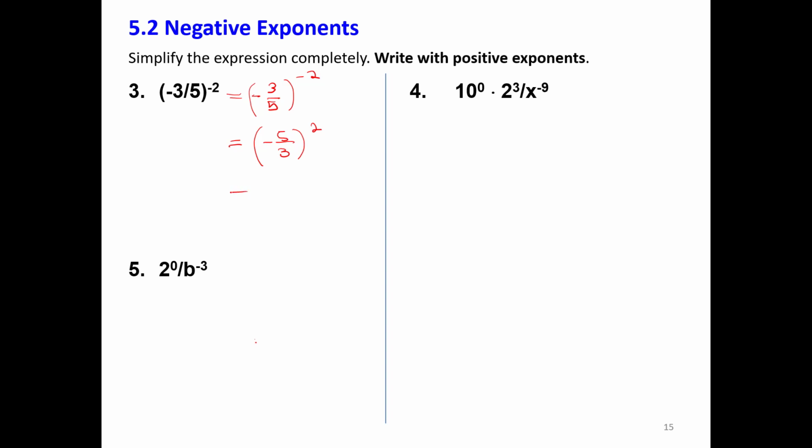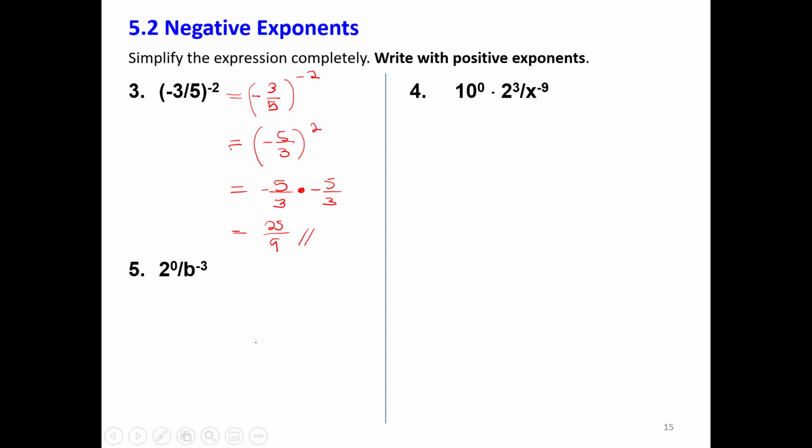Then to solve this one, we have minus 5 over 3 times minus 5 over 3. The negative times negative is positive. 5 times 5 is 25. The denominator is multiplication, okay? 3 times 3 is 9. Then the answer is 25 over 9.